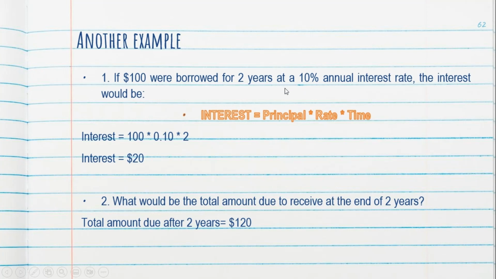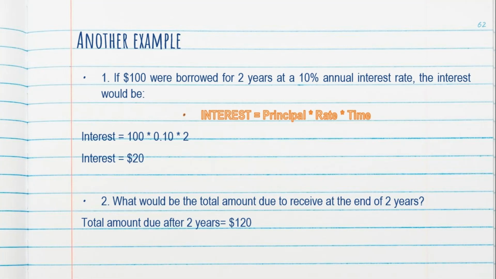Okay, so now you have the three pieces of information, and the formula says that the amount of money you're going to get as interest is principal times rate times time. So let's substitute all the digits. Principal is 100, rate is not 10%, it is 0.10, times time, which is 2 years, so times 2.